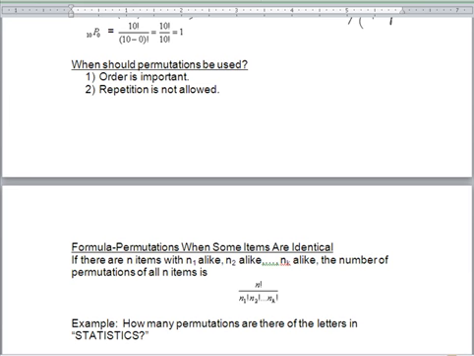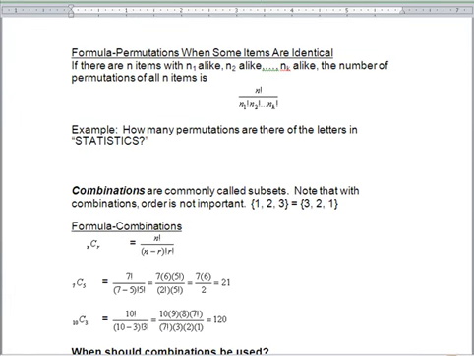Now we have a second formula that's used when n objects are alike. You have n items and you have a certain portion of them, n sub 1, n sub 2, and so forth, that are alike. What we do in that case is we take n factorial and divide by the number of alike items.